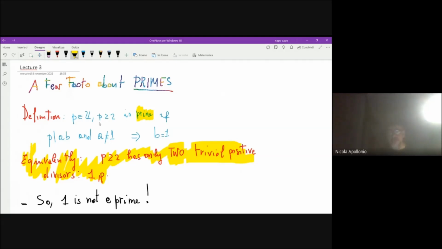It has just two trivial positive divisors. So a number is prime whenever its divisors are exactly 1 and the number itself. But look, this is important, we are excluding 1 with this definition from the set of prime numbers. So 1 is not prime. The number 1 is not prime.